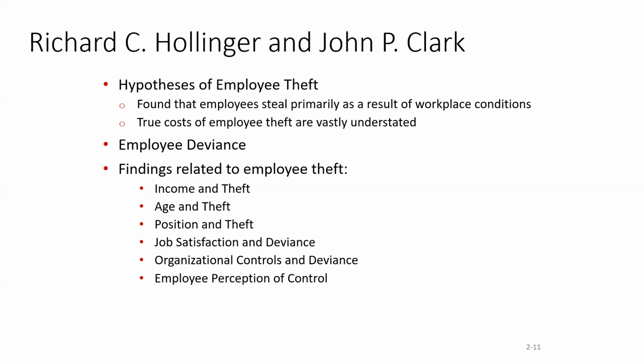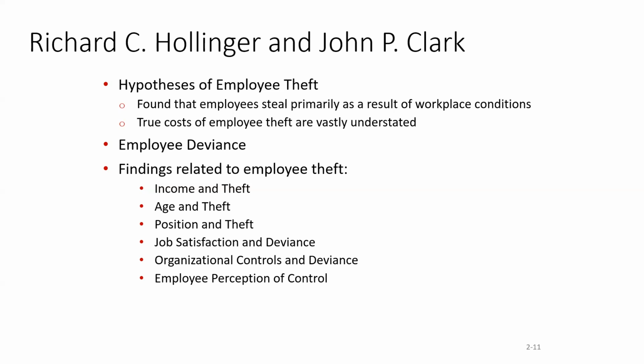After position, they looked at job satisfaction and deviance, and they found that employees who are dissatisfied with their jobs are more likely to participate in counterproductive or illegal behaviors in order to right that perceived inequity. The next one, organizational controls and deviance.